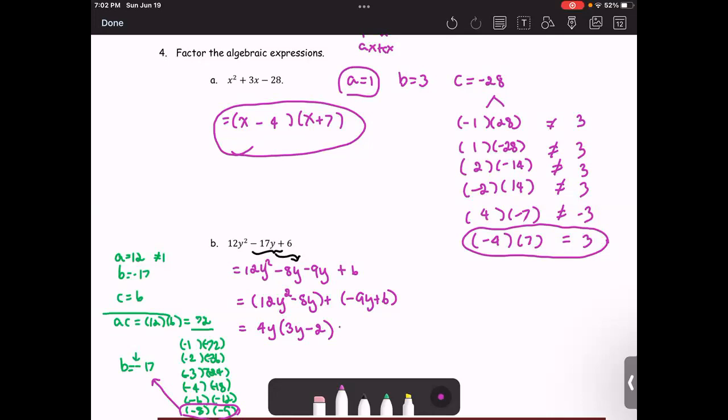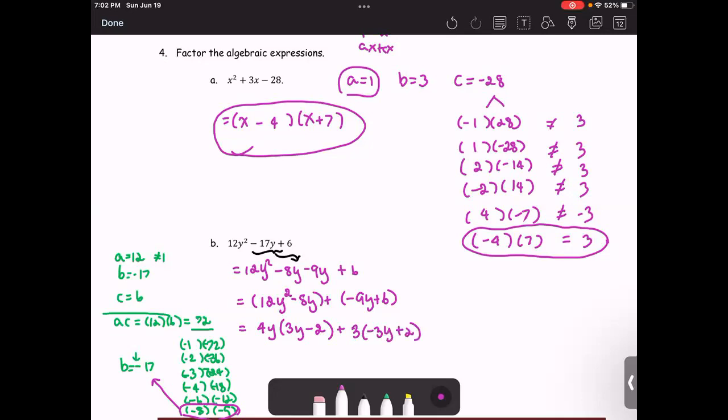For the second one, we have negative 9 and 6 as the numbers. So the greatest common factor of negative 9 and 6 would be the value 3. And then the remaining factor is going to be negative 3 times y and then plus 2. Looks like opposite terms again.